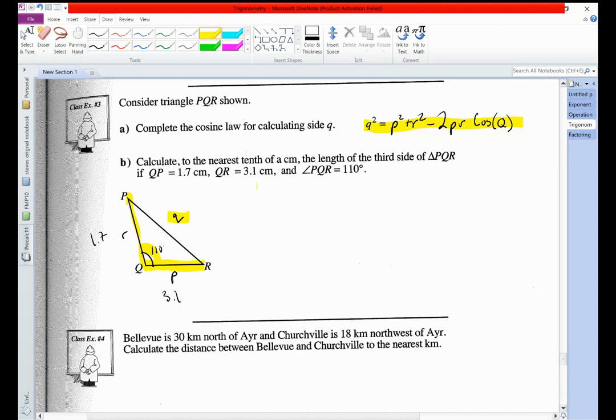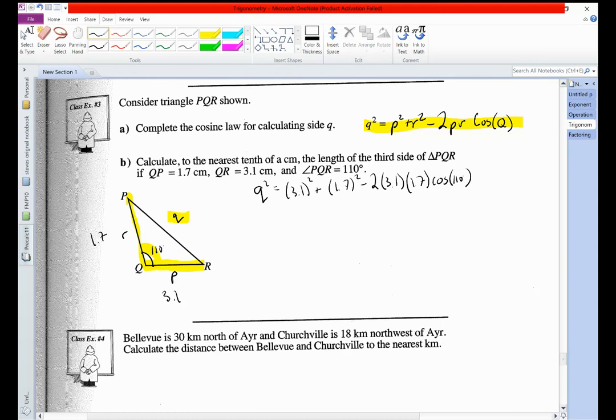So now I can just fill in what I know. q squared is equal to p squared, which is 3.1 squared, plus r squared, which is 1.7 squared, minus 2 multiplied by p multiplied by r multiplied by the cosine of 110 degrees.